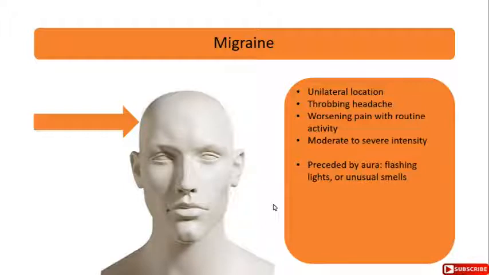If you feel this, you can know that in about 30 minutes you will have the pain. Also, when you have migraine, it's usually associated with nausea and vomiting. So if you read these characteristics in the exam, like unilateral pain, throbbing pain, worse with running or walking or any activity, and associated with nausea and vomiting, for sure it's migraine.